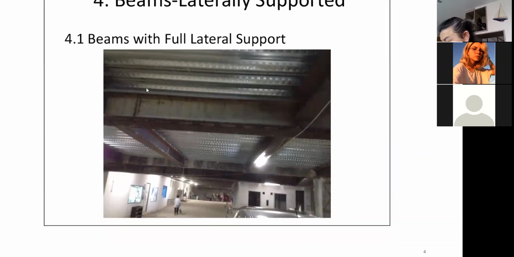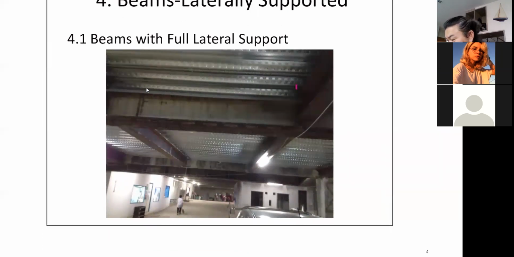This too, this is the metal deck, remember, where you need to attach it to the beam by the shear connector or the shear stud. We're going to have the shear stud in this direction, and in a way, this shear stud will help brace this beam.